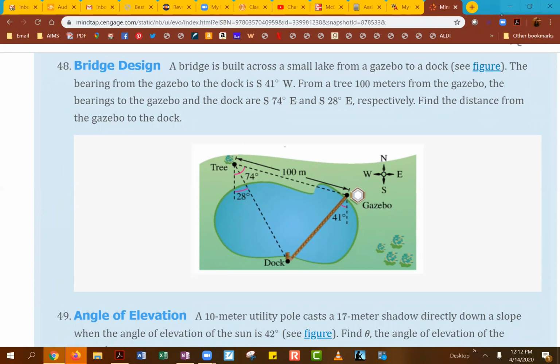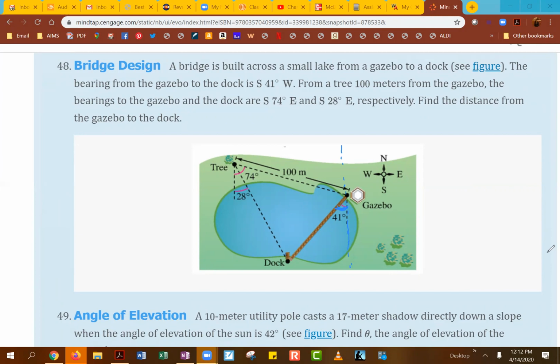The bearing from the gazebo to the dock is southwest 41 degrees. Now remember, your bearings are always with respect to these vertical lines. That's why this angle here is your 41 degrees.